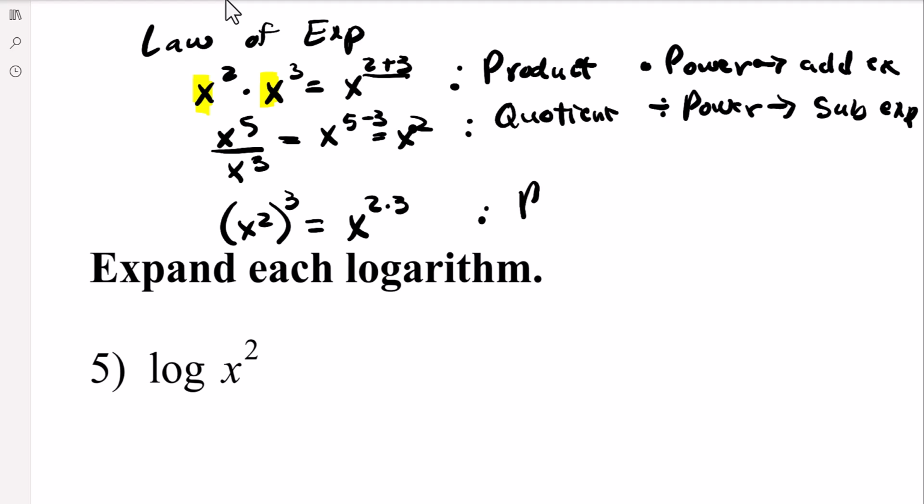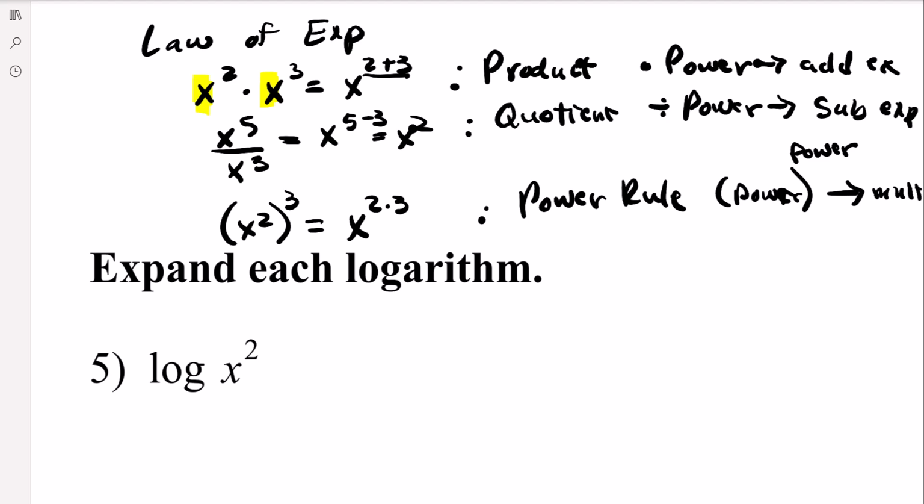And that's called the power rule. When you raise a power to a power, multiply exponents.